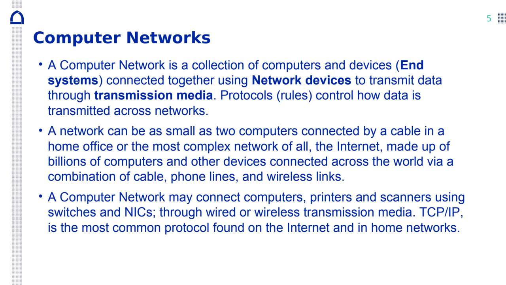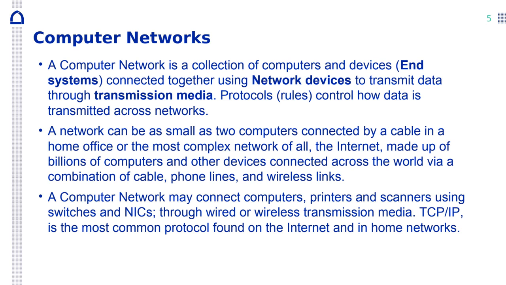So what is a computer network? It's a collection of computers and devices. We call them end systems. They are connected together using network devices, and they transmit data through transmission medium.